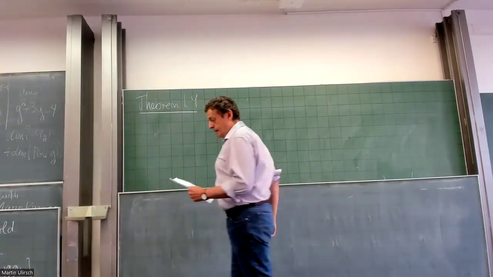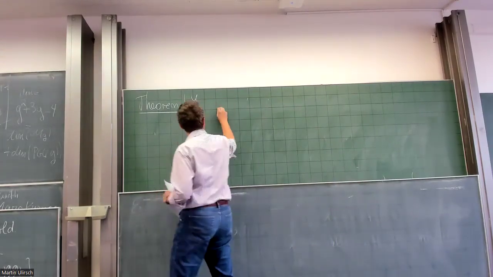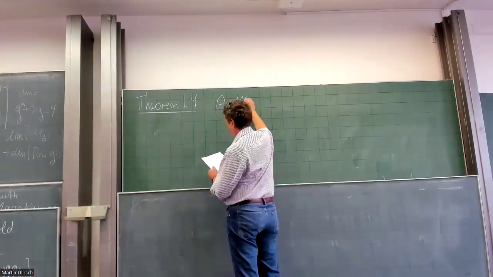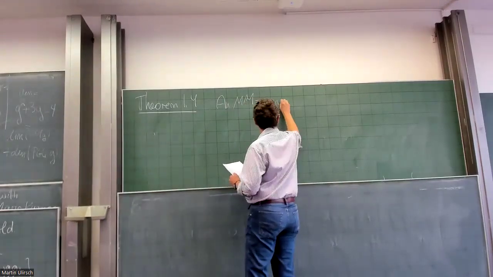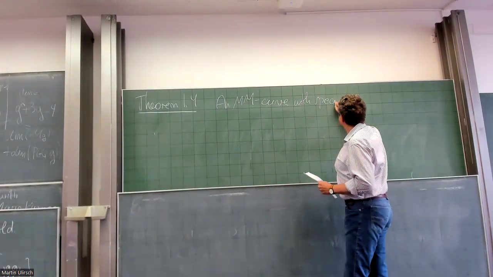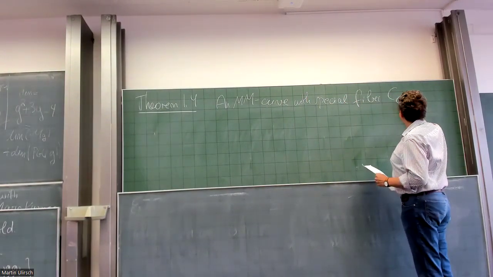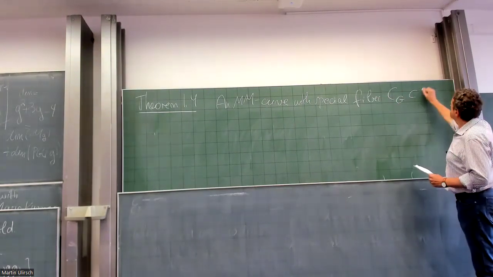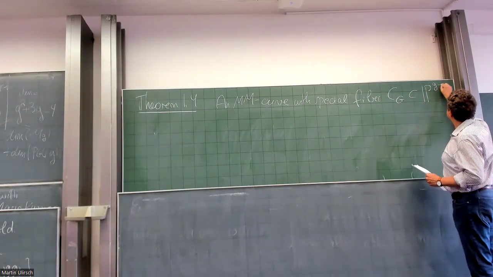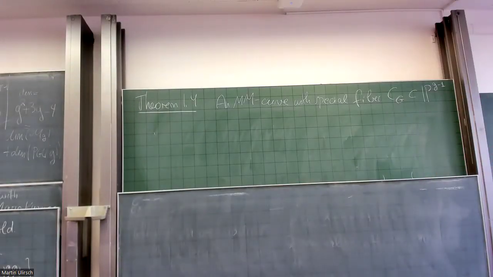Okay, so this is the theorem, 1.4. And the theorem has 4 parts. The first part says a canonical MM curve with special fiber C_G, and this is our graph curve in P^(g-1). In P^(g-1), there's an orbit under my group, but I'll use the definite article and speak about the curve.